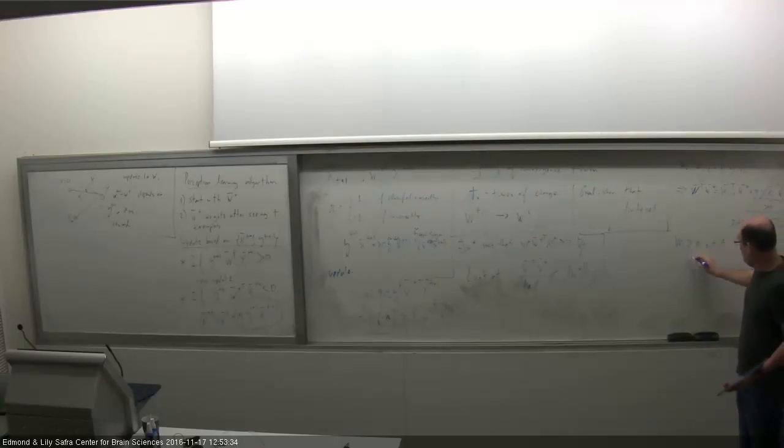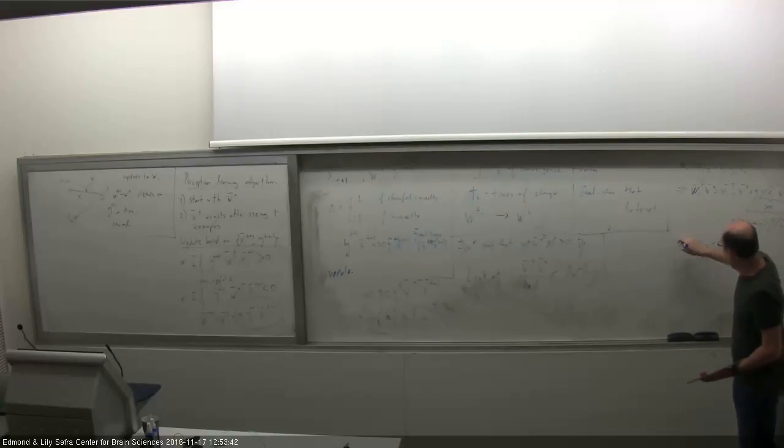And therefore, Wi is at least as large as W0. Sorry, this is not Wi. This is Wi, the projection of Wi transpose W star is at least as large as Wi minus 1 transpose W star.